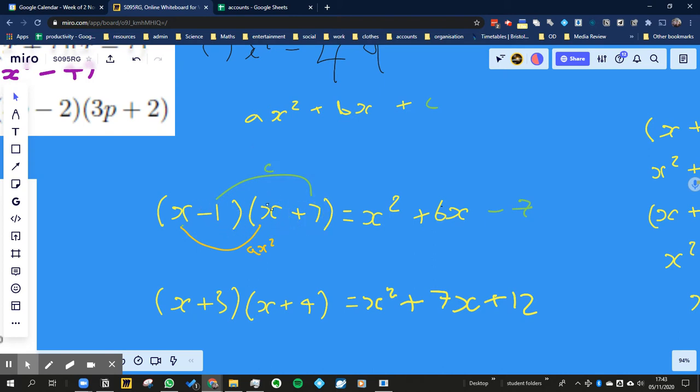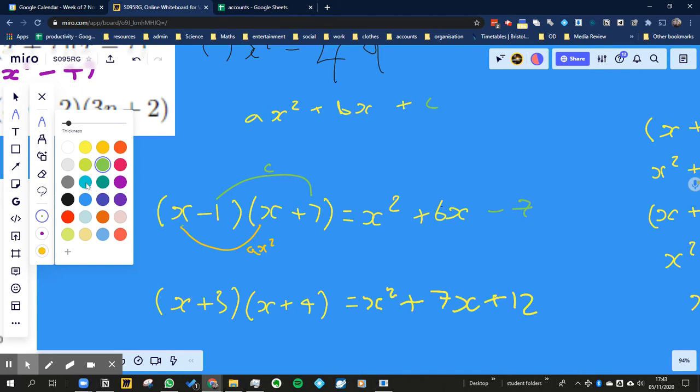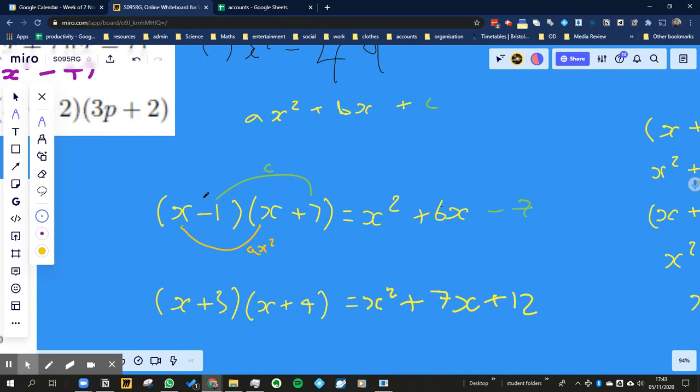Now the other combination, that's how you got the b, right? So what color should we make that? Let's make that blue. So the rest of them, when I multiply, for example, this bit here and this bit here, that was the bx.